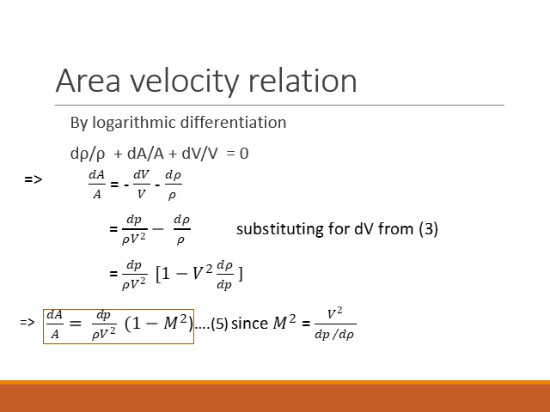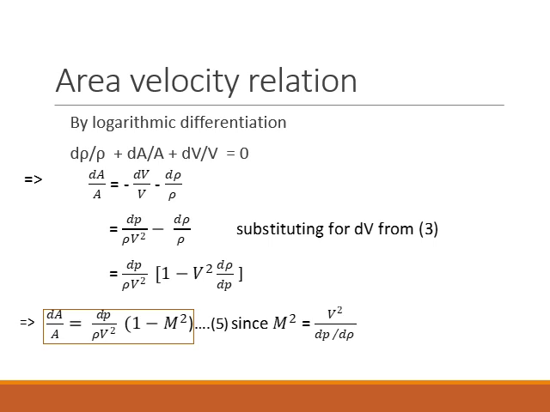That implies dA upon A equal to minus dV upon V minus d rho upon rho, which is equal to dP upon rho V square minus d rho upon rho when we substitute for dV from equation 3, and this is further equal to dP upon rho V square into 1 minus V square into d rho upon dP.